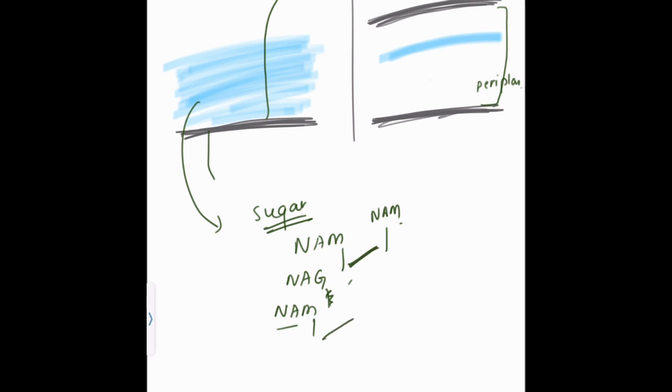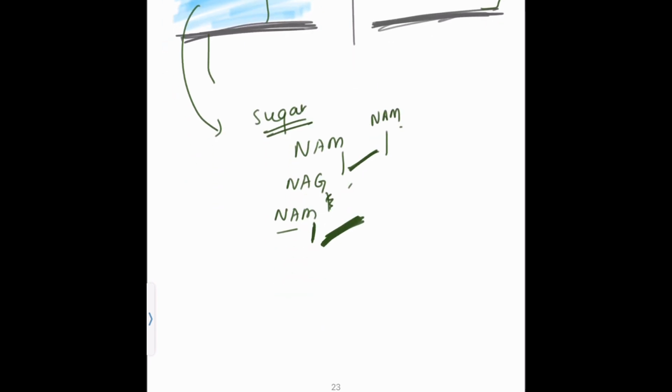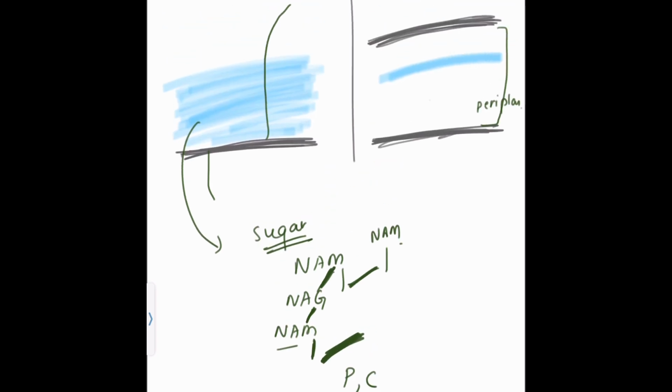This cross-link is the site of action of many beta-lactam drugs like penicillin and cephalosporin. And this NAM-NAG connection is the site of action of lysozymes. You know that, right? This is about the peptidoglycan layer.